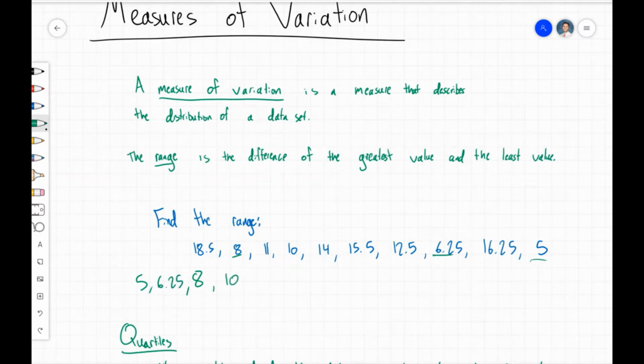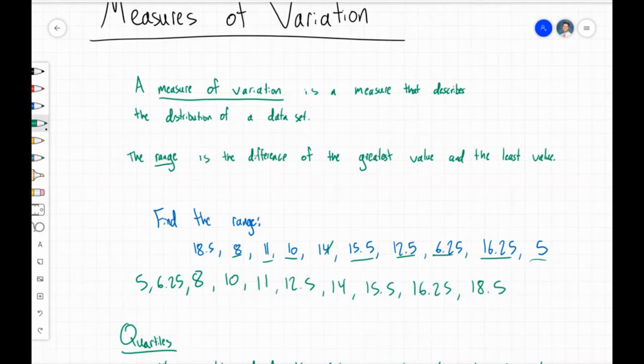Then we've got 10, and then 11. Then we have 12.5. Then we have 14. And we have 15.5. And 16.25. And 18.5. So these are all a bunch of different numbers.